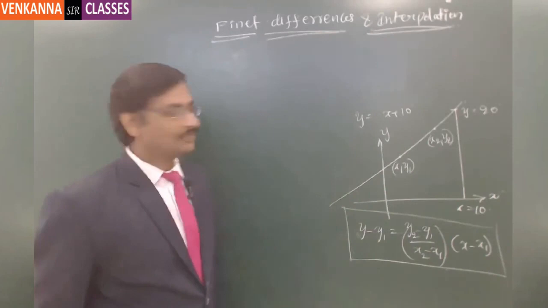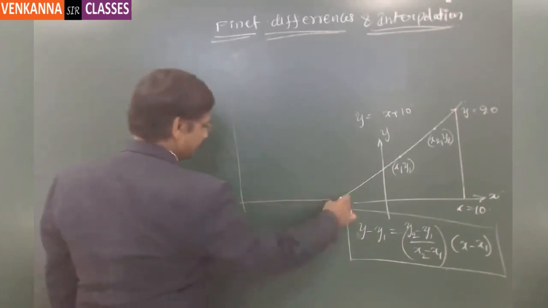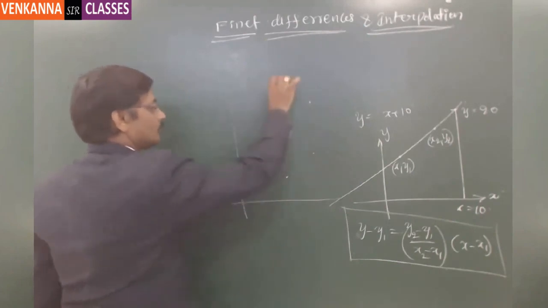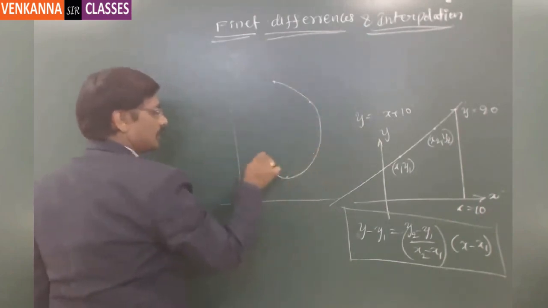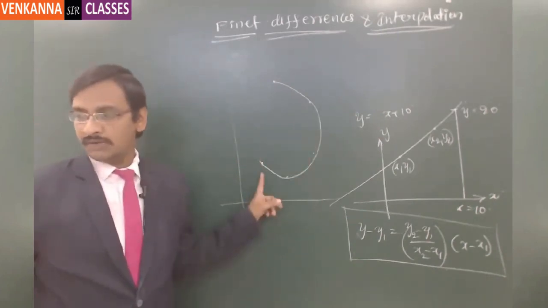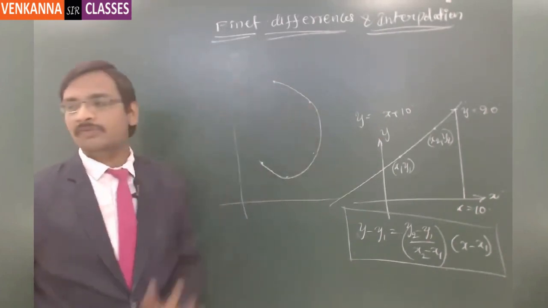Now suppose I have data like this, which will represent points like this. So this is the curve I am talking about. In this curve I have got 1, 2, 3, 4, 5 different points.